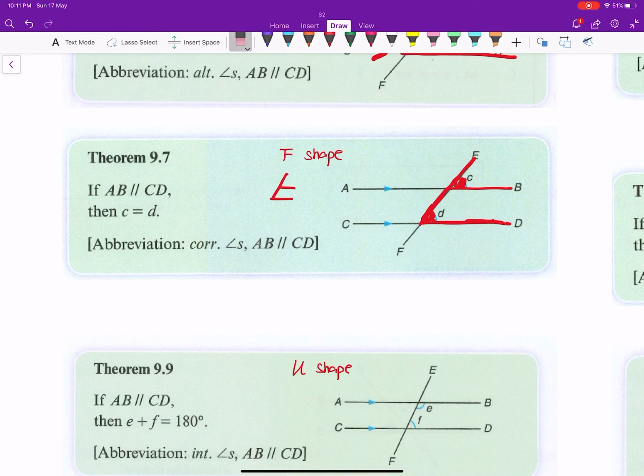Of course, we can find the corresponding angles in different directions of the F shape, like this, or like this. So these are corresponding angles.